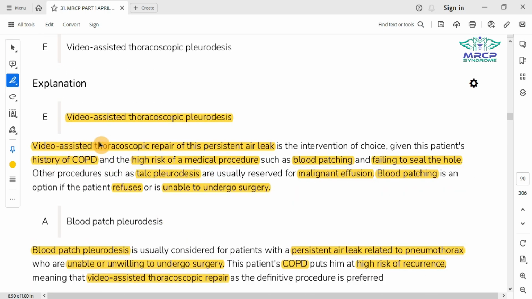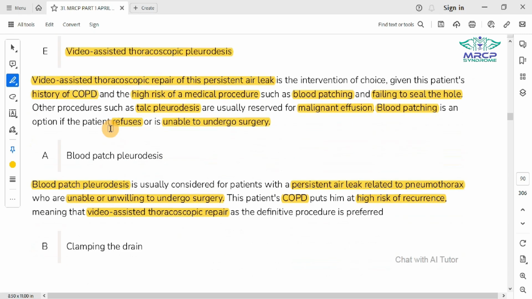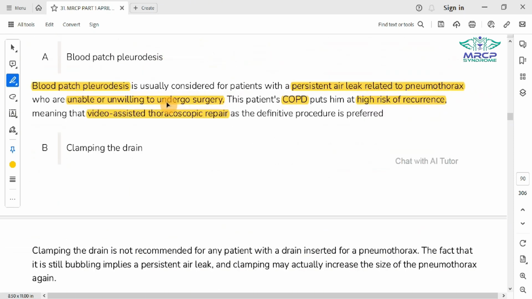The video assisted thoracoscopic repair of this persistent air leak is the intervention of choice given this patient's history of COPD and the high risk of a medical procedure such as blood patching and failure to seal the hole. Other procedures such as talc pleurodesis are usually reserved for malignant effusion. Blood patching is an option if the patient refuses or is unable to undergo surgery.